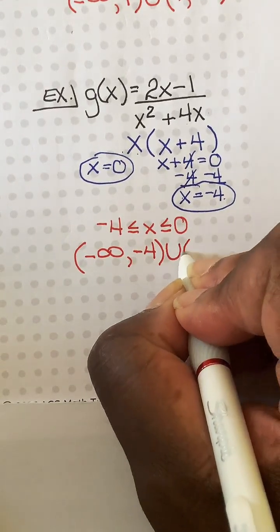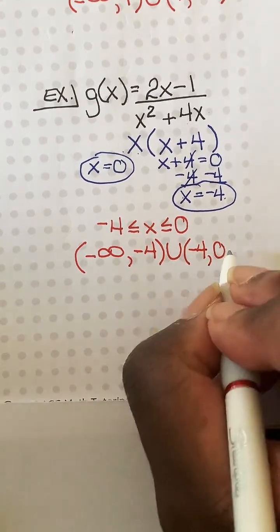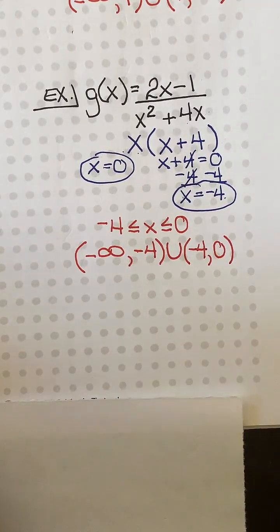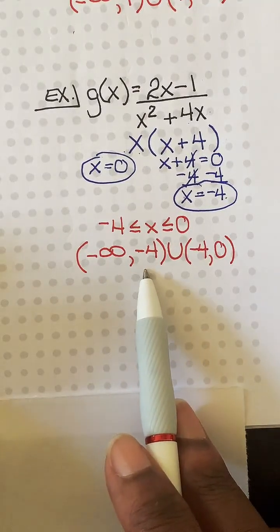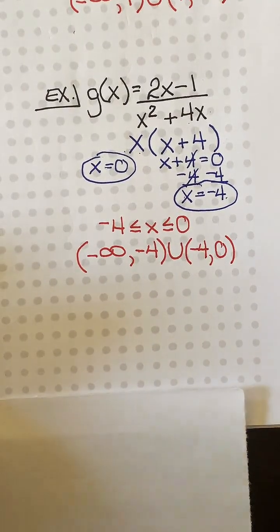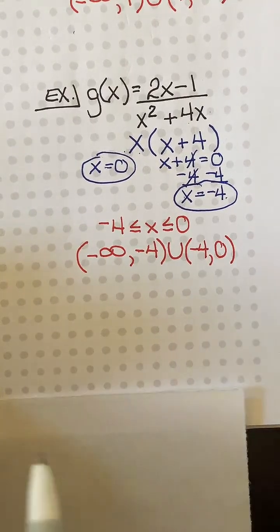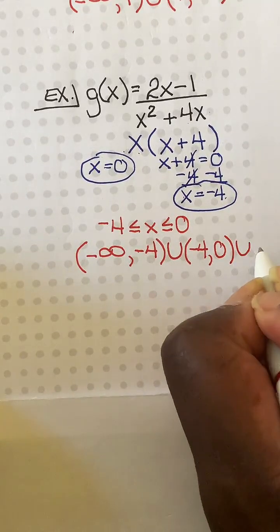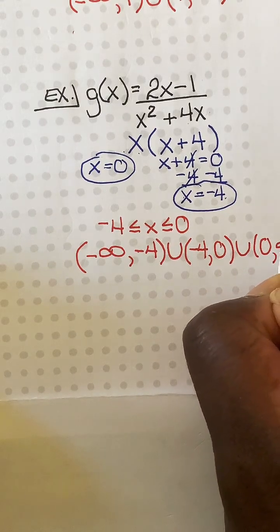Anytime we're going in between numbers like this, we always use parentheses. There is nothing definite with any of this. You can use all the numbers that are less than negative 4, but skip negative 4. Then you can use the numbers from negative 4 to 0, but skip 0. And then you can go from 0 to positive infinity.